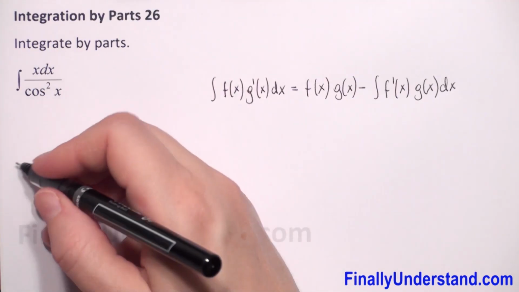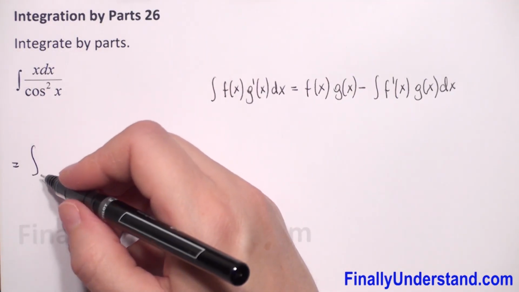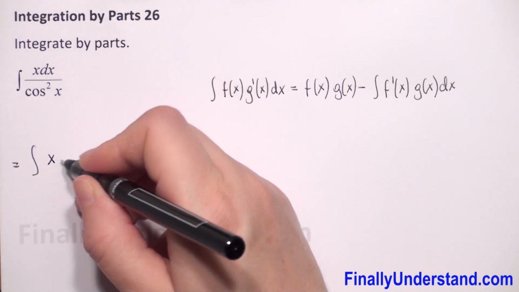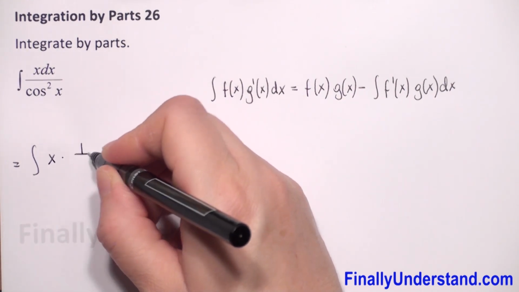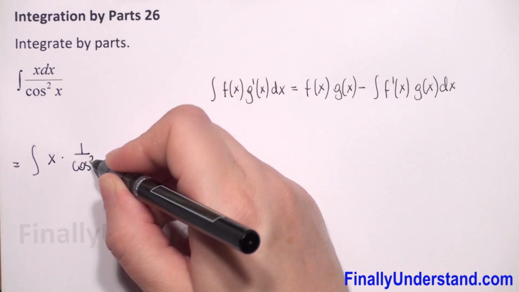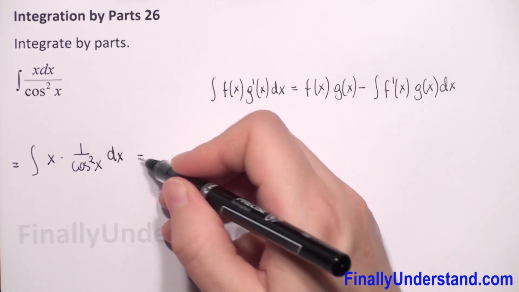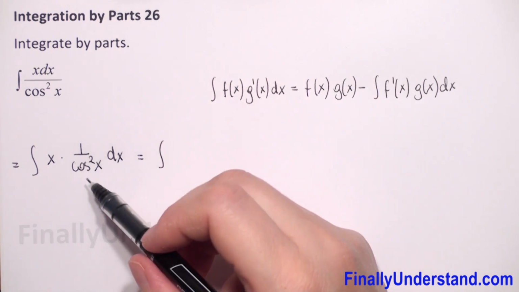Let me first rewrite this integral. We have the integral and we can put that we have x times 1 over cosine squared of x with respect to x. So this is equal to, we can rewrite this one more time.